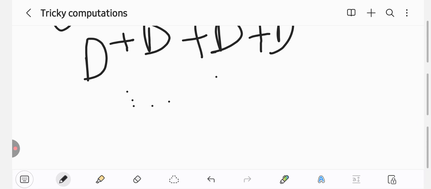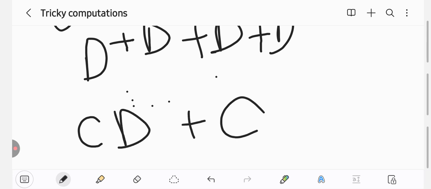If it was a times b plus c, that means b was added a times, c was added a times, so we get ab plus ac. With the same logic here, the first d was added c times, and the second d was also added c times. We get cd plus cd.